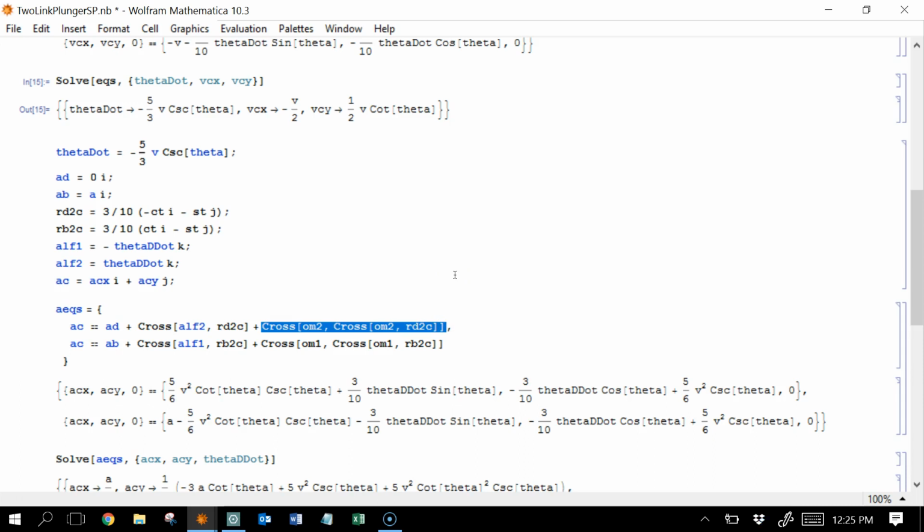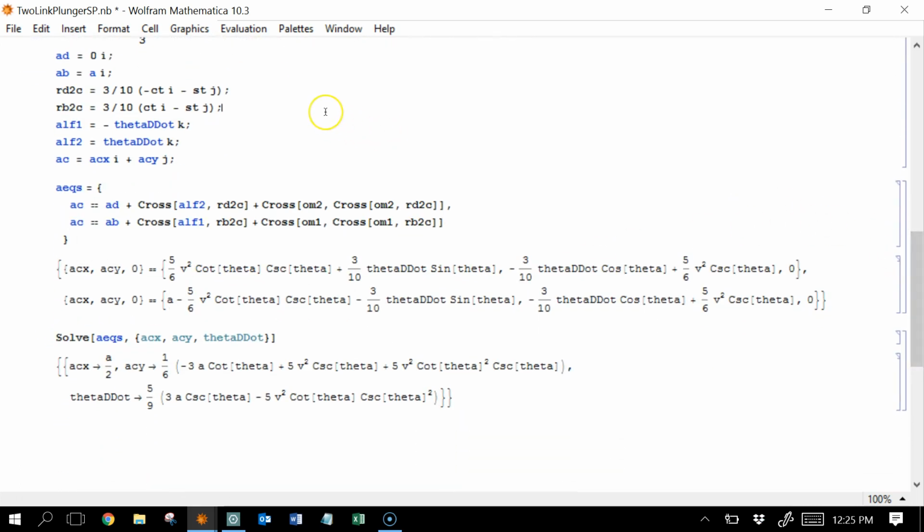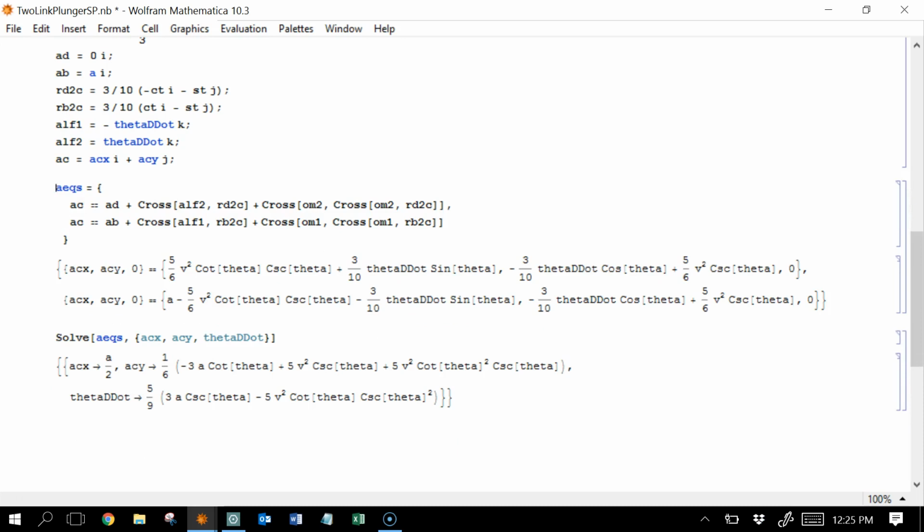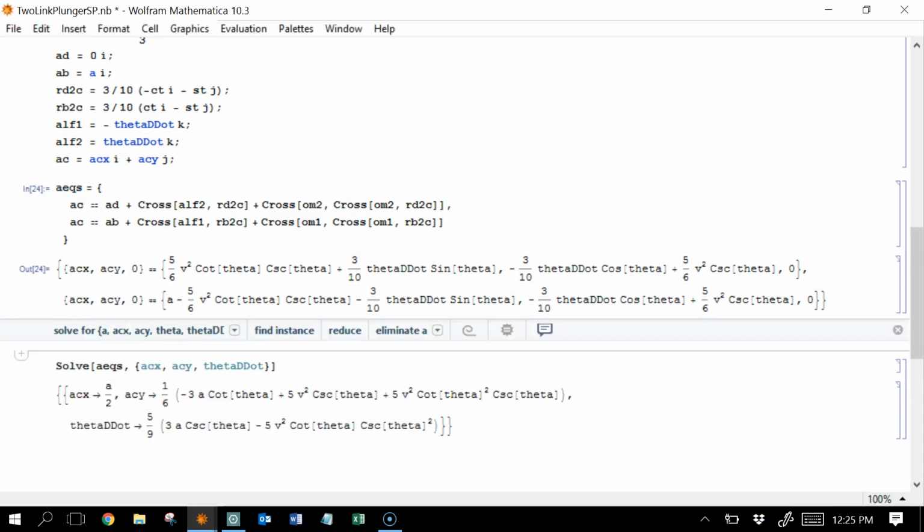So I find it easier to just say omega cross, omega cross r. I'm not using the simplified formula, it's the whole thing. Then you have a comma and you put in your second equation here. Then you just execute that one. All right, and so we'll execute and define the acceleration equations.